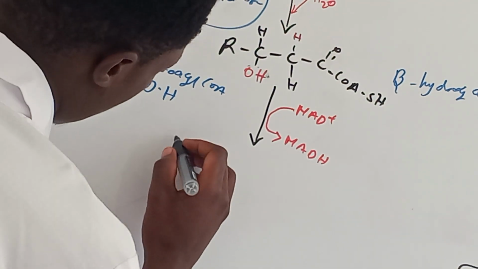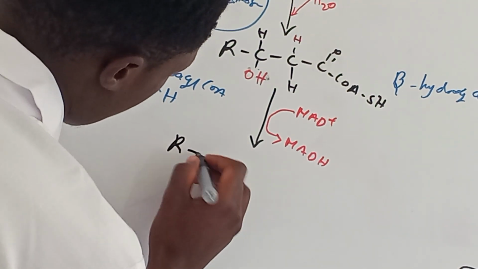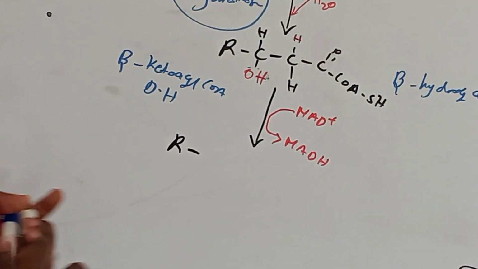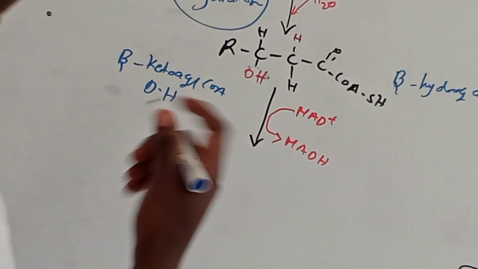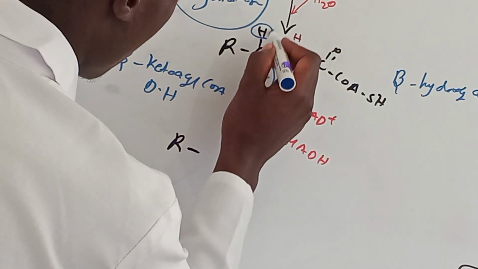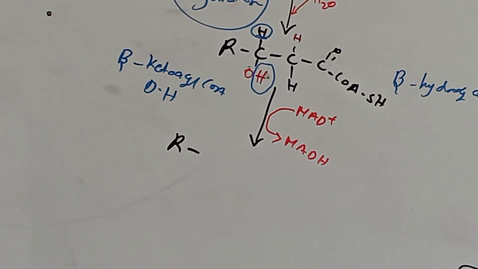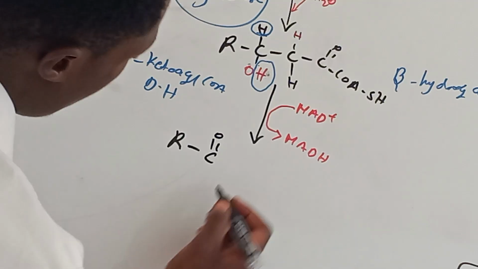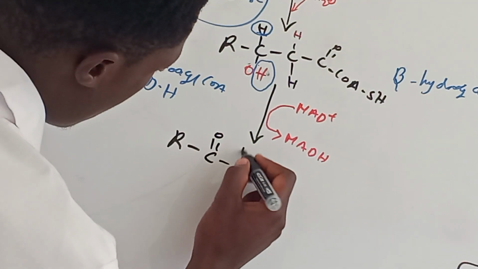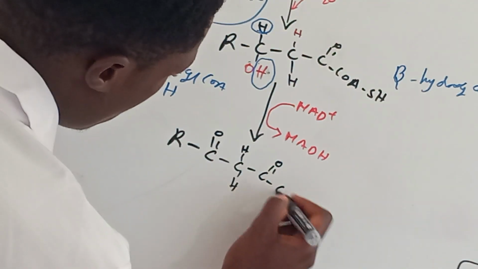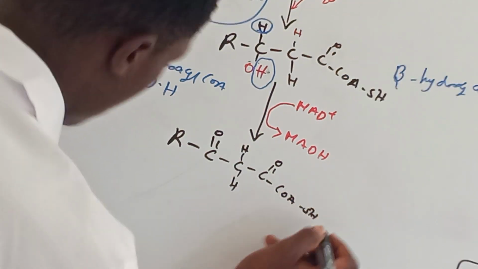The molecule that you're going to form here is going to be called R. Now see this, guys. This enzyme is going to remove this hydrogen and this hydrogen. Alright, so what are you going to form? We are going to form R, C with a double bond, right? Then C, H, C, O, CoA, S, H.